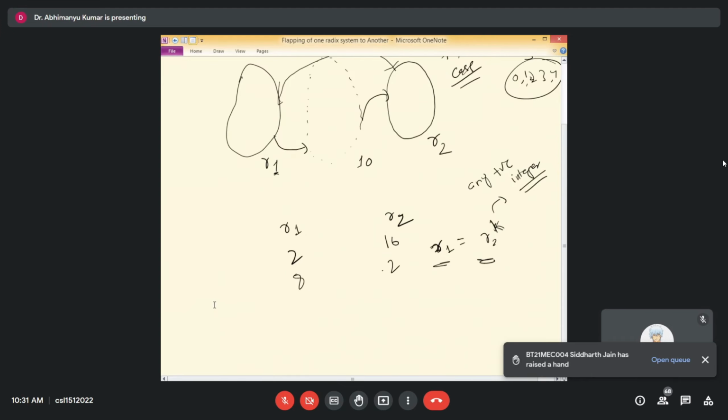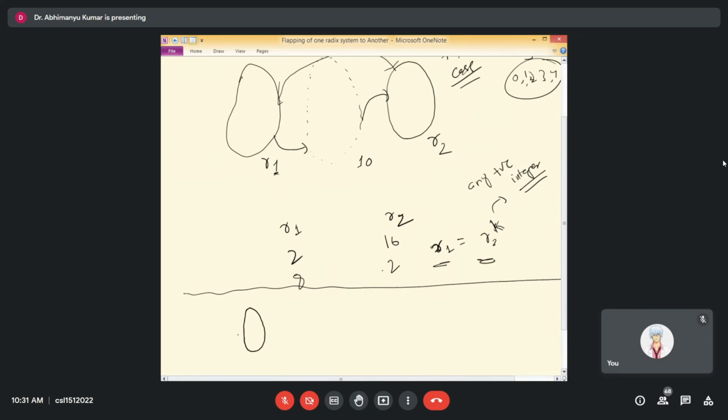I have not discussed any conversion techniques yet, right? I am just discussing that suppose we have a quantity which is represented in the radix R1 system. Now we would like to convert the same quantity into some other radix system, that is the radix R2 system.